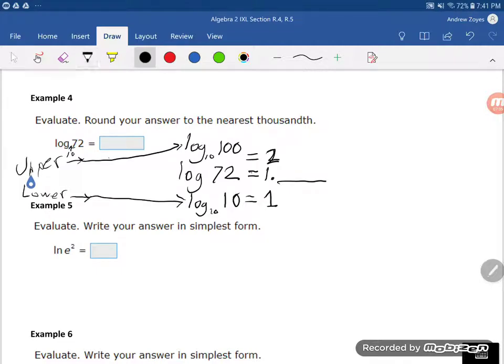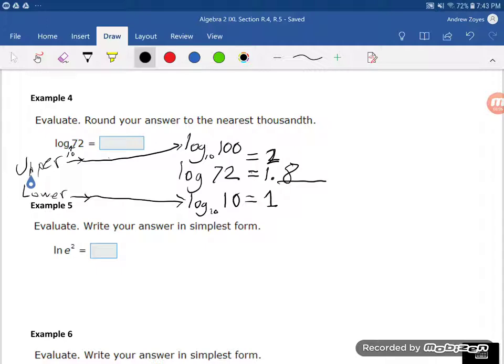Now, because it's 72 and it's a little bit closer to 100, I'd approximate maybe 1.8. That's just kind of a guess, but it might not be too bad. What we would really need to do is get out a calculator and calculate it. So I'll go get my calculator and type in log of 72. Okay, so I have my calculator, and now I type in log, and I should be able to find the button on there.